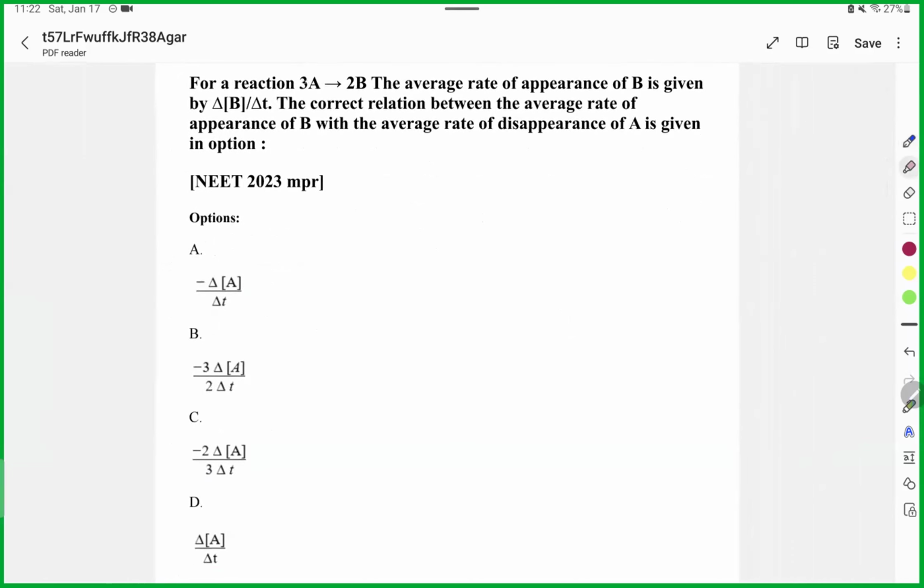Rate of appearance of B is given by this.